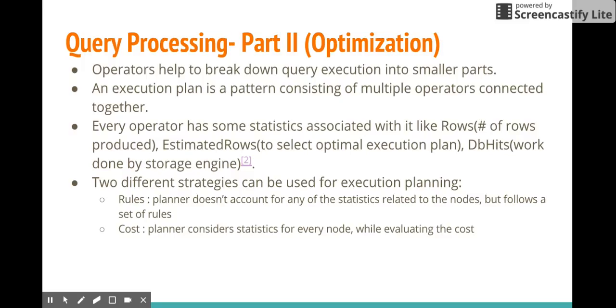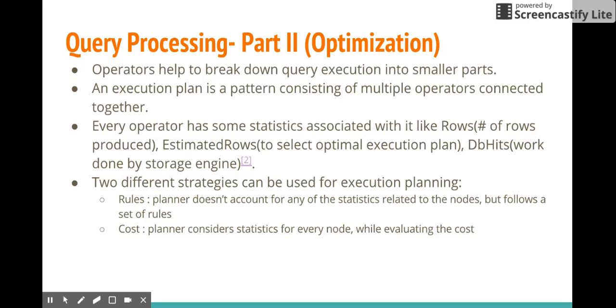There are two different strategies that can be used for execution planning. The first one is the rules strategy, in which the planner doesn't account for any of the statistics related to the nodes, but just follows a set of rules.